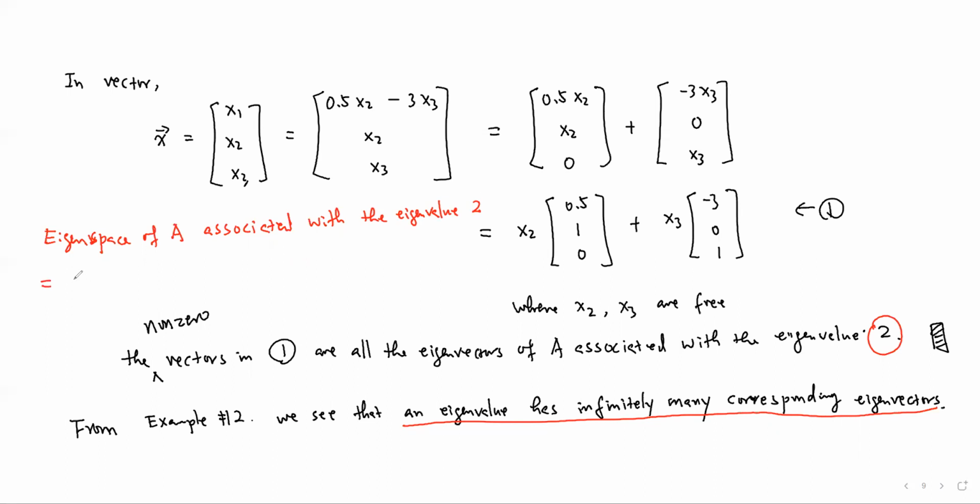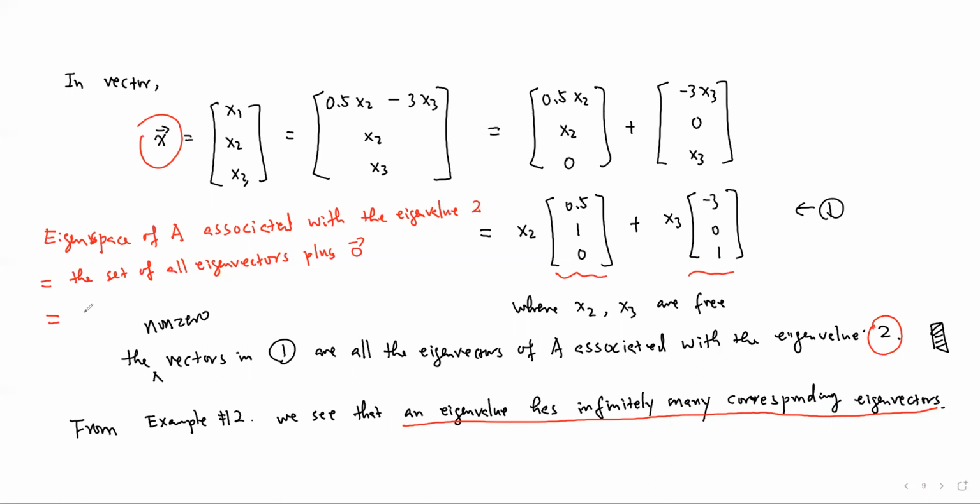is the set of all eigenvectors plus the 0 vector. In part B, we see that all the eigenvectors are spanned by this vector and this vector.